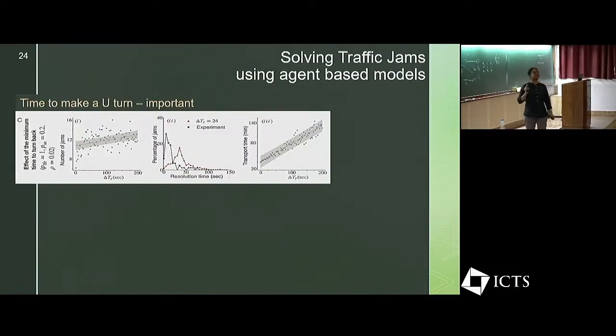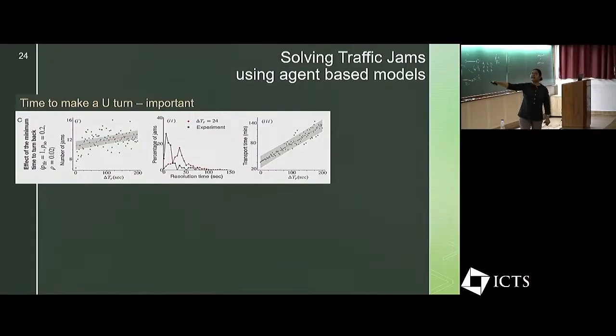And further, if you go to the level of the individual ant, then taking U-turns is extremely important. So returning leaders who are convinced that they have to go to the old nest have to change their mind and make a U-turn and head back to the new nest. This is extremely important. The time that they take to make this U-turn is positively correlated with the number of jams.